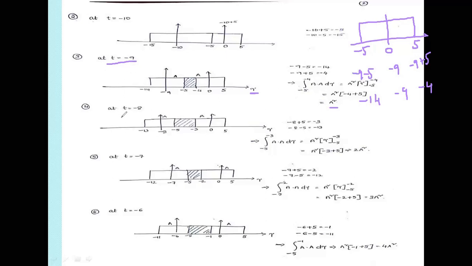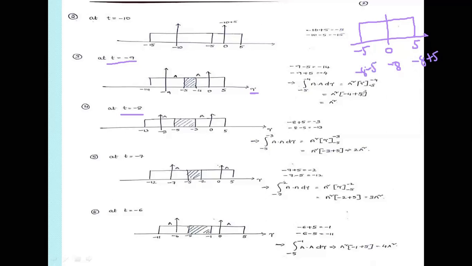Now, the same way, you can take t equal to minus 8. Still you can move towards the right side. Now it becomes: the 0 value is at minus 8, with minus 8 plus 5 and minus 8 minus 5.